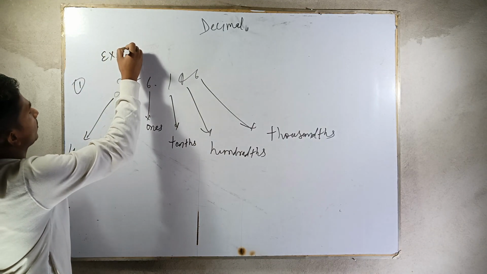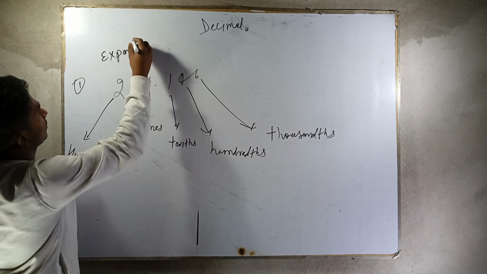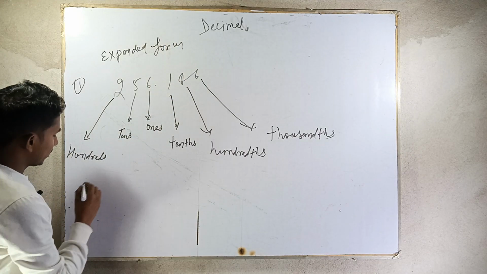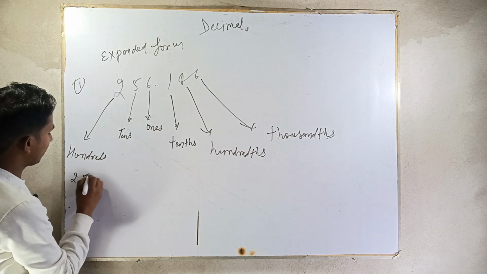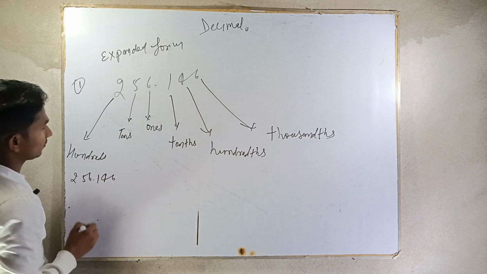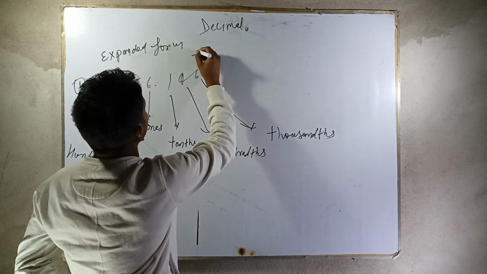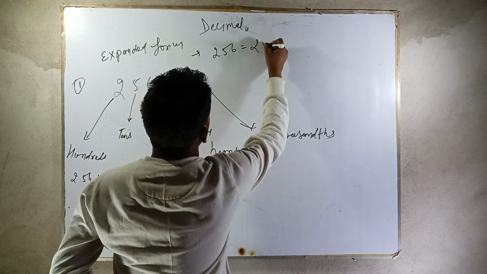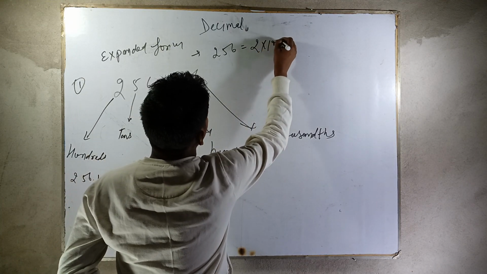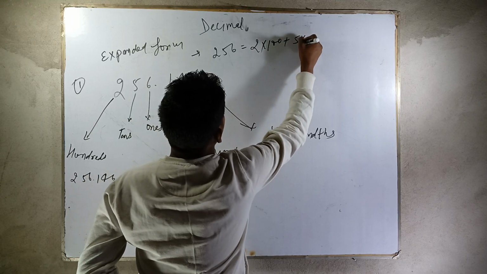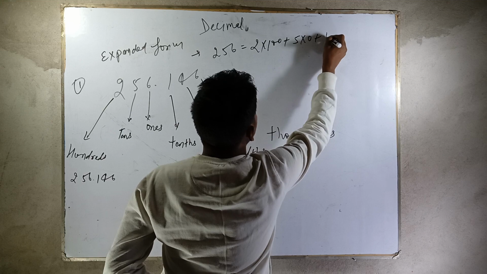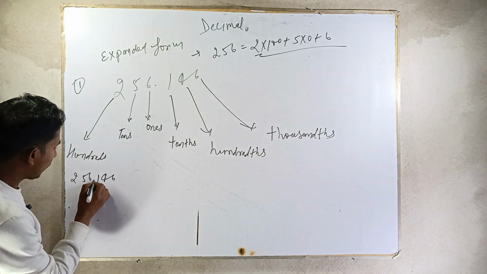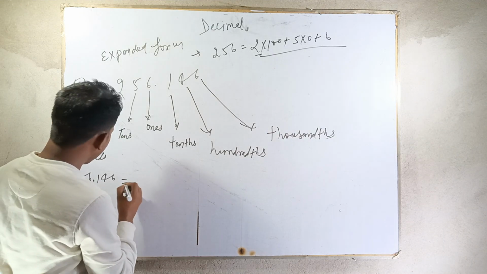So if I need to write this number in expanded form, how will I write it? Suppose I have 256.146. Normally, if the question is given as 256, then how will I write it in expanded form? I write 2 hundreds, 5 tens, and 6 ones. If there is a decimal point, how can I write this in expanded form?